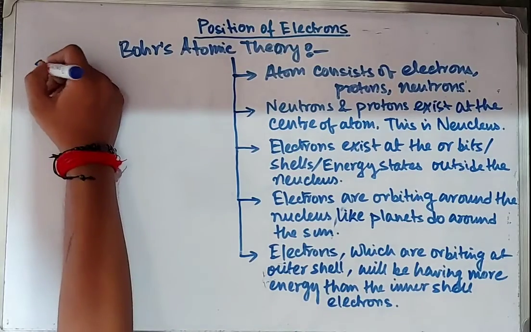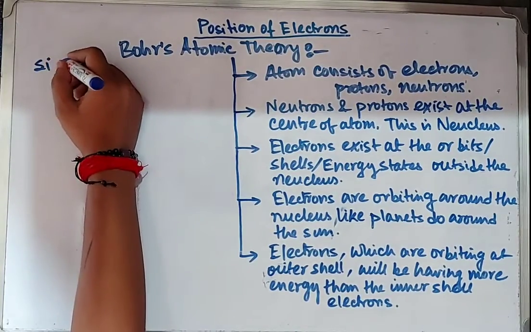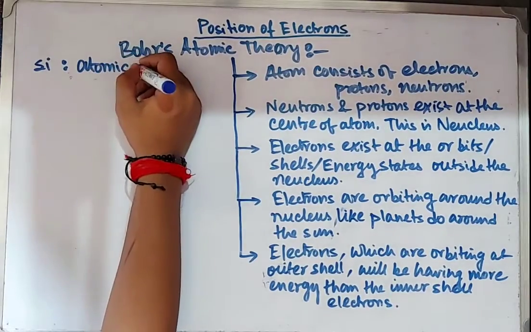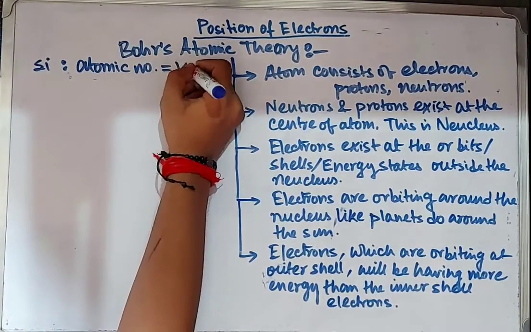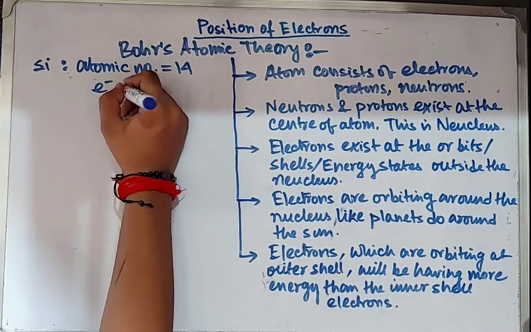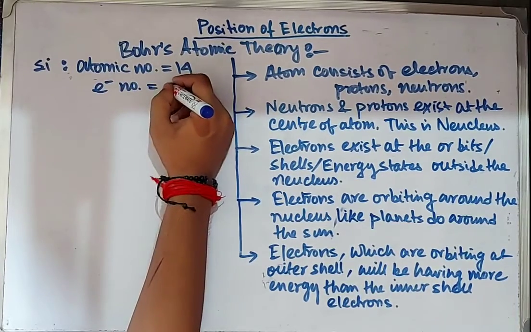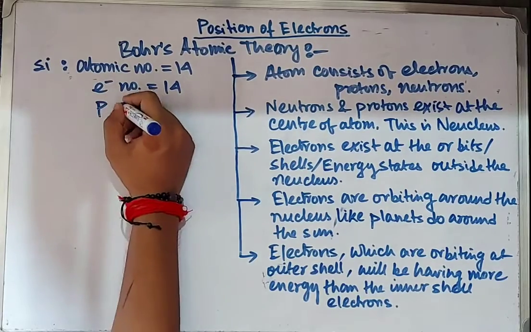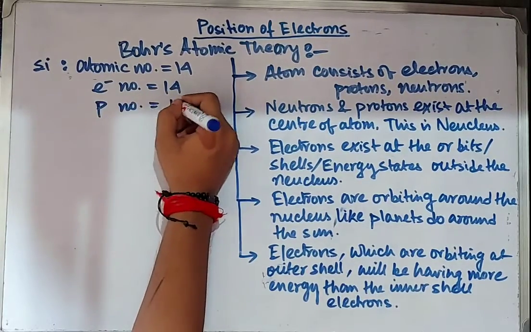So right now we are only concerned about silicon atom. Silicon atom has the atomic number equal to 14. That means it has number of electrons equal to 14, and the protons are also 14.